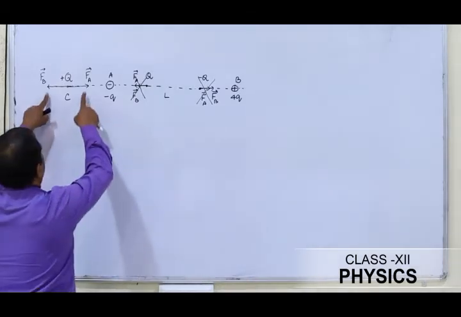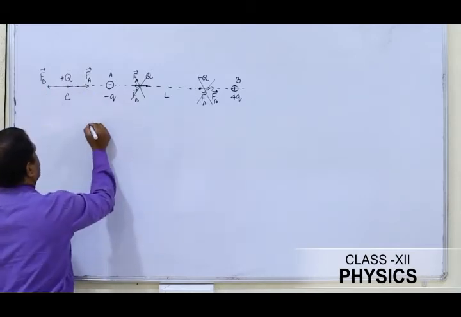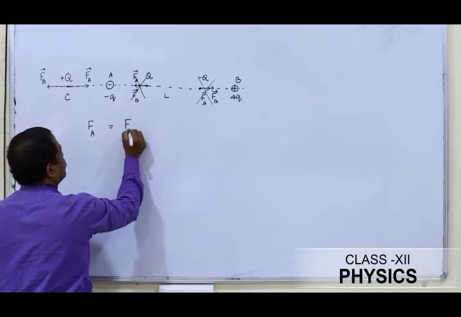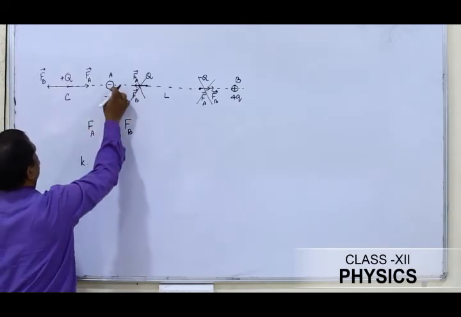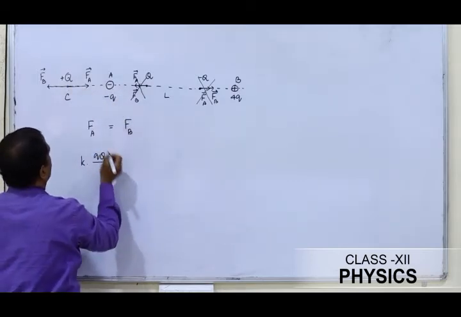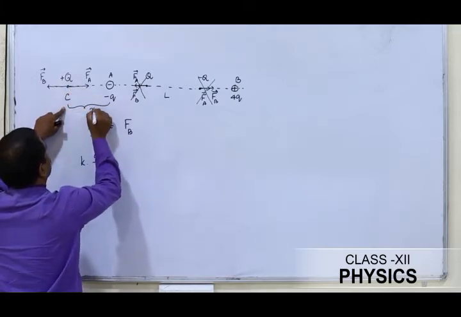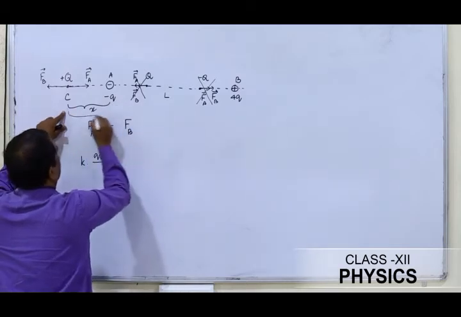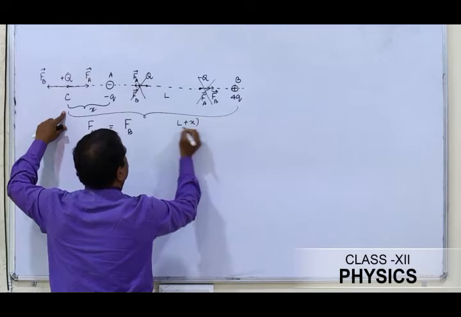Okay, so definitely on inspection, we find that the two directions are opposite. So now I am going to check for the equilibrium of magnitude of the two charges. If that is the case, Fa is K into the product of the two charges, q into Q, divided by distance square. Let me say the point C is at a distance of x from charge q, and let us say this is L plus x.